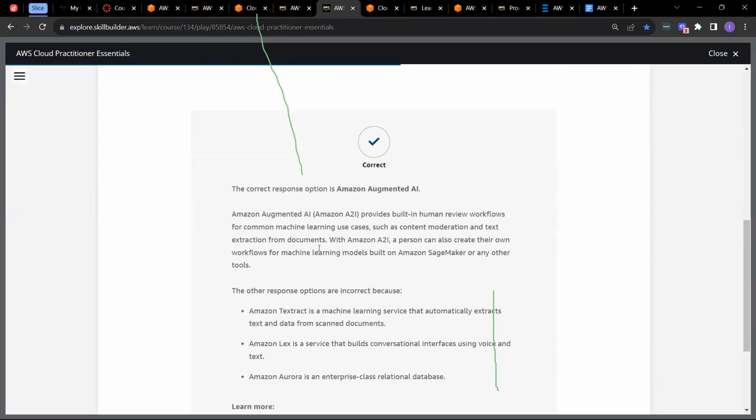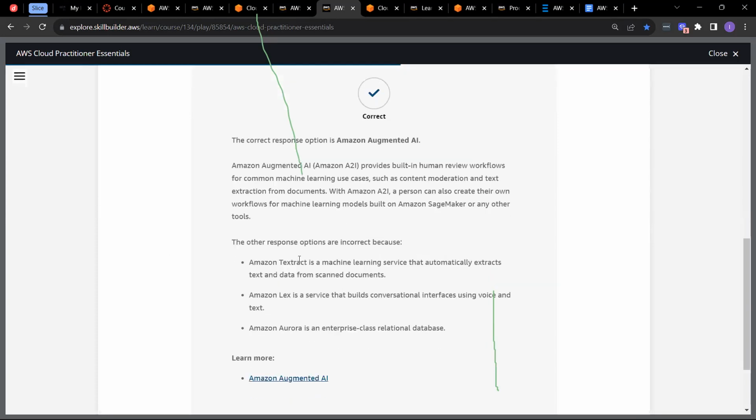All right, Charlie, so Amazon Augmented AI, that is Amazon A2I, provides built-in human review workflows for common machine learning use cases, such as content moderation and text extraction from documents. With Amazon A2I, a person can also create their own workflows for machine learning models built on Amazon SageMaker or any other tools.